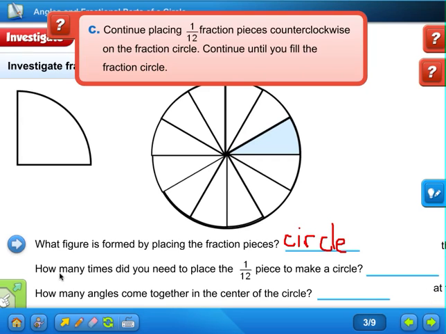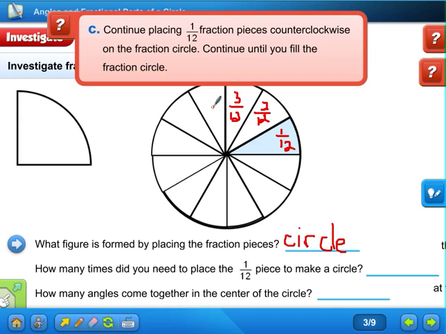All right. How many times did you need to place 1/12 to make a circle? This started with your 1/12. Then you did 2 12ths. Then you did 3 12ths. So you finished filling that in.